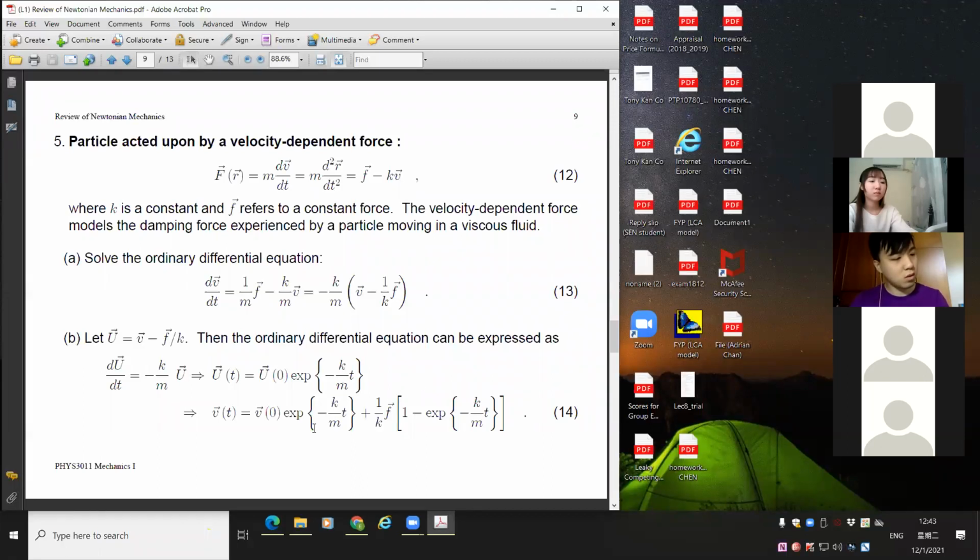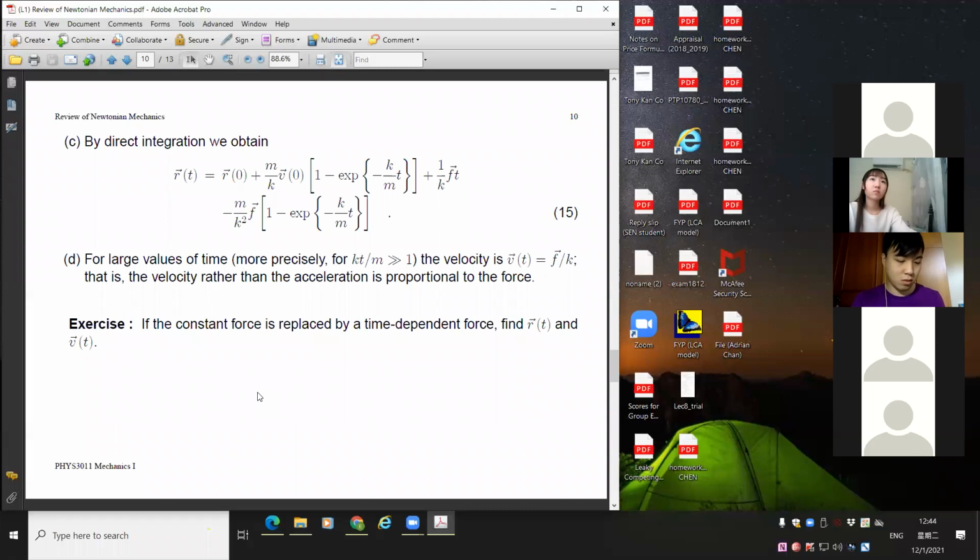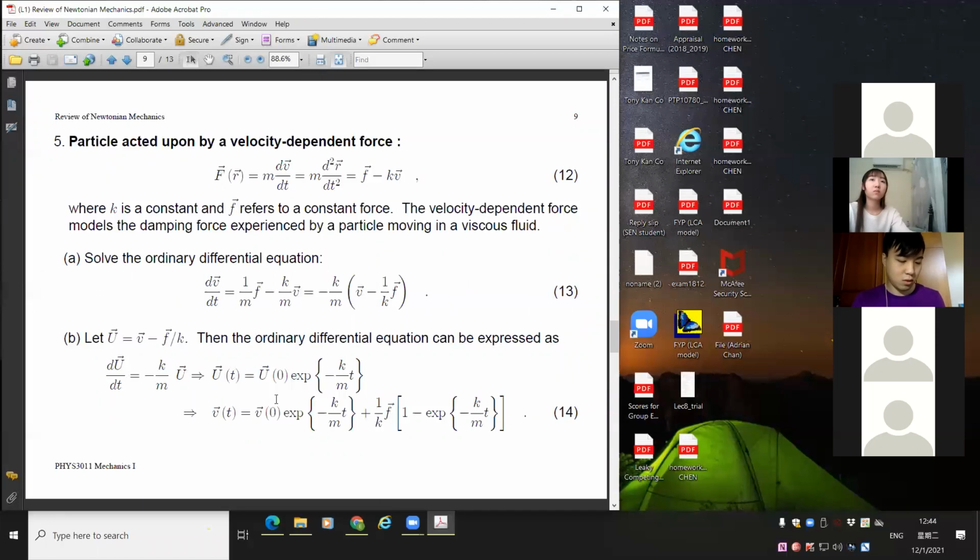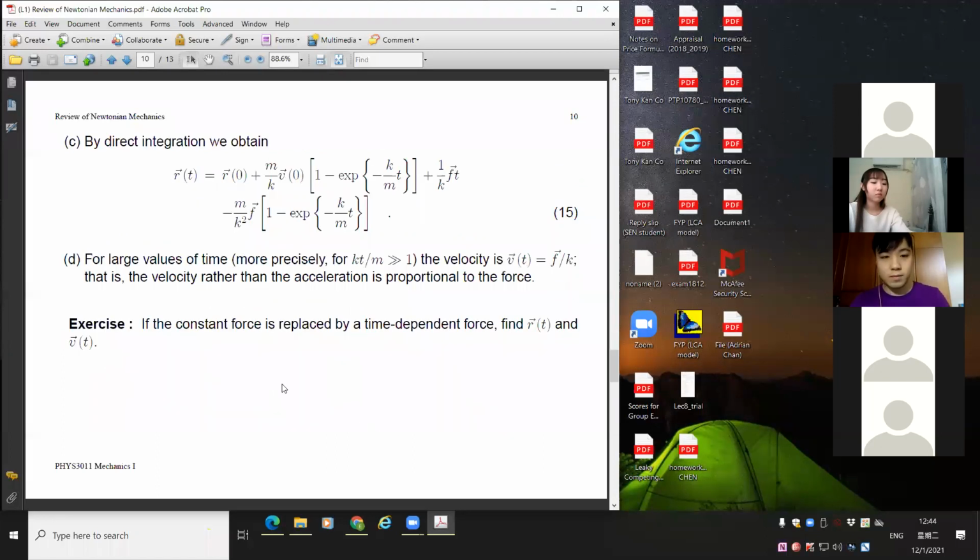Once we find this capital U vector, we can go to the small v vector easily. And then we integrate equation 14 once more. We get the displacement vector, right?